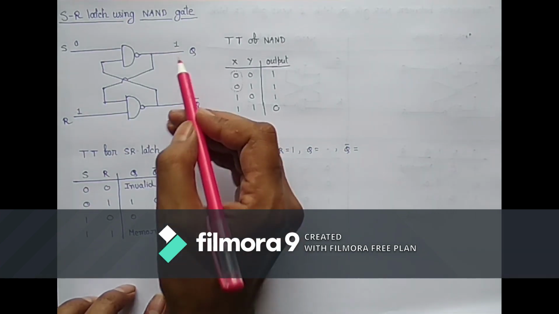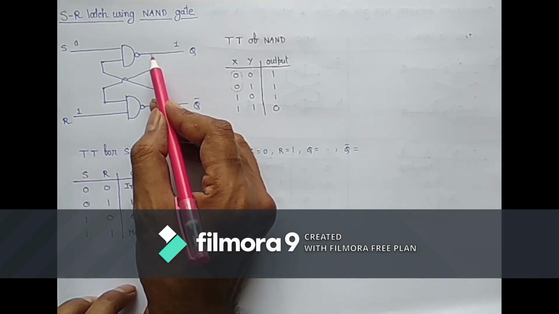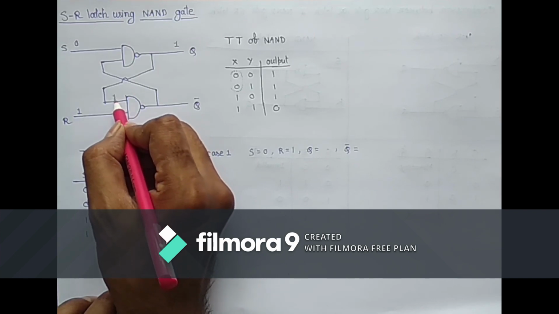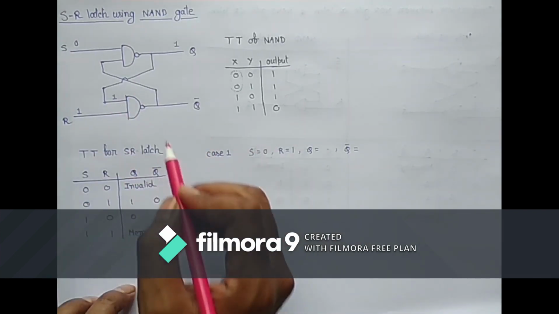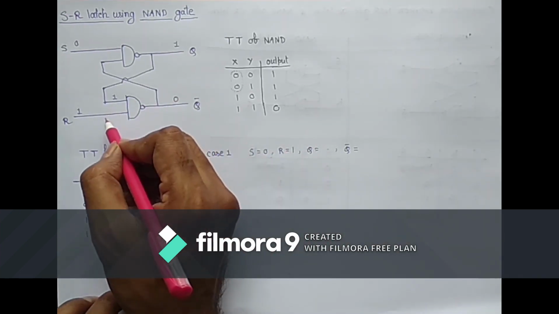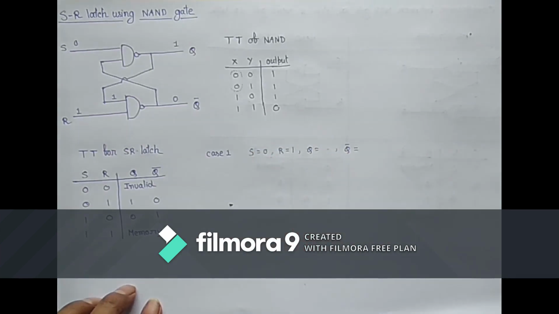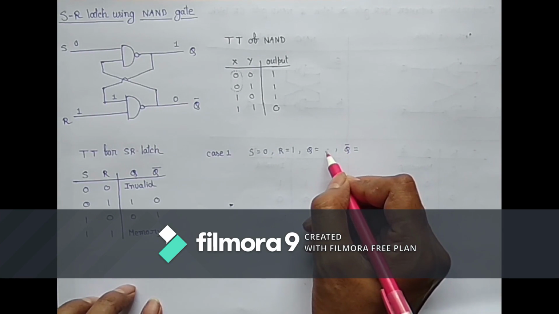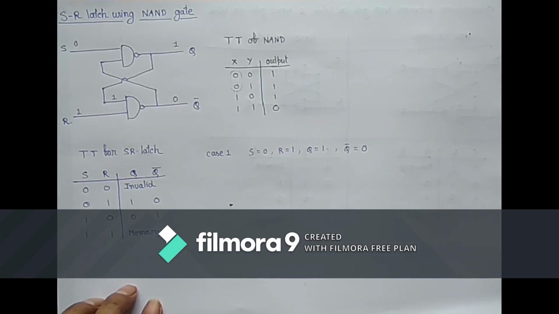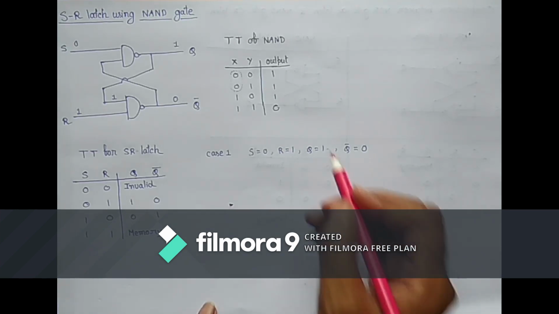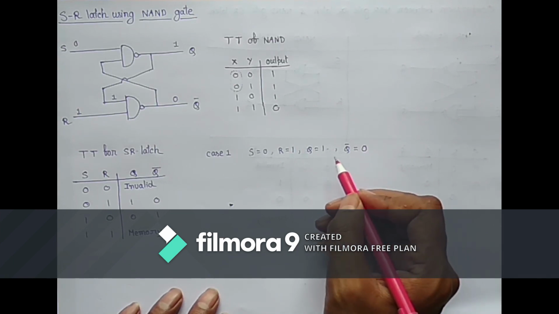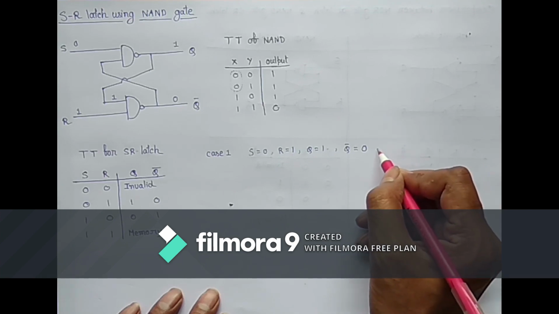Now this point is connected back to this point. That means this input is also 1. That means the output will be equal to 0, because 1 1 is equal to 0. So Q is equal to 1, Q bar equal to 0. We can cross verify that Q and Q bar are complements of each other. That means that is a valid state.